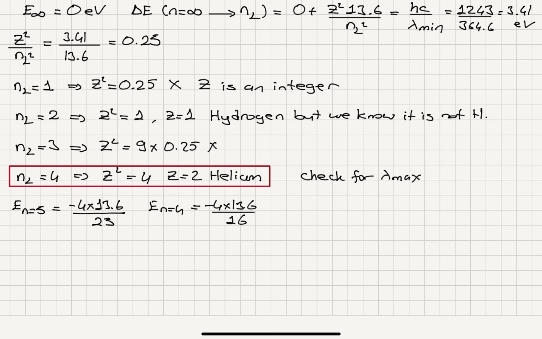This gives us minus 2.176 electron volts for n equals 5 and minus 3.4 electron volts for n equals 4.